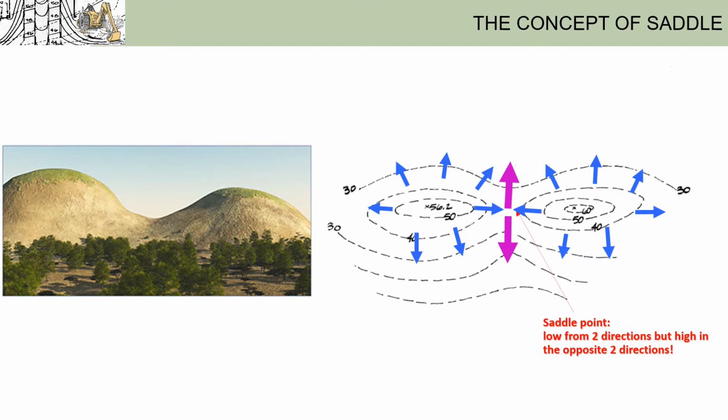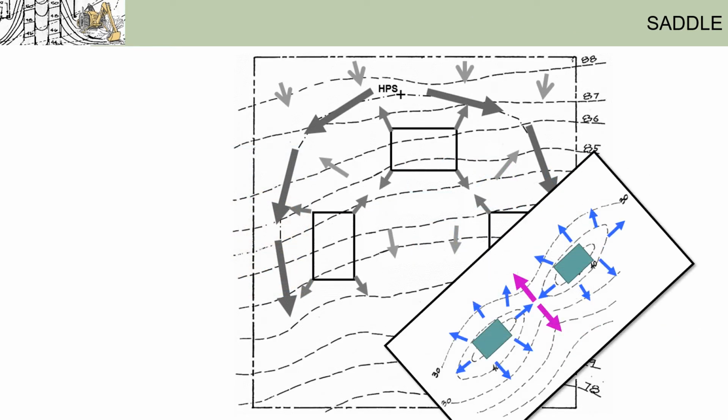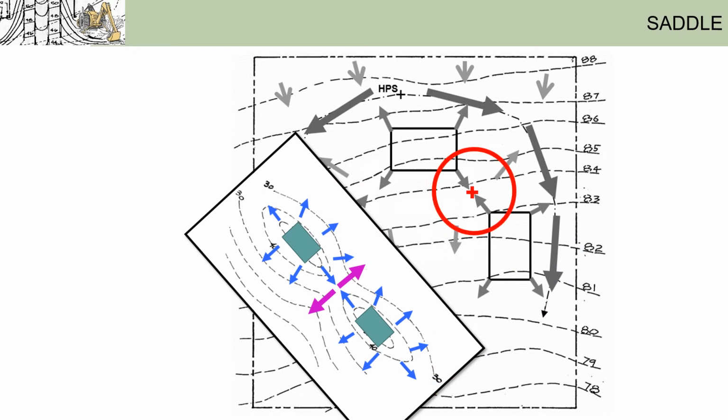And this point in the middle is called the saddle point. Now, if you replace these two summits with buildings, because buildings are essentially summits compared to their surroundings, and you compare this to the proposed water flows we just drew, then you can see that we're essentially trying to create two saddle points in between the buildings, here and here.